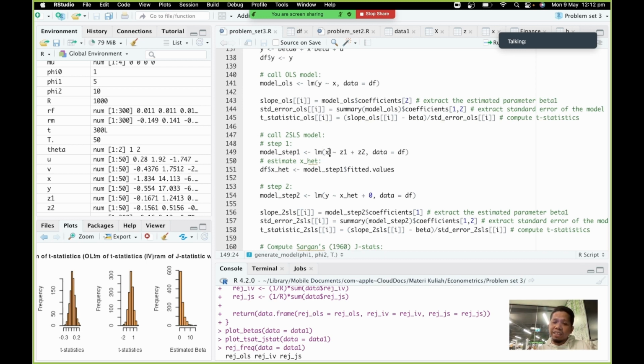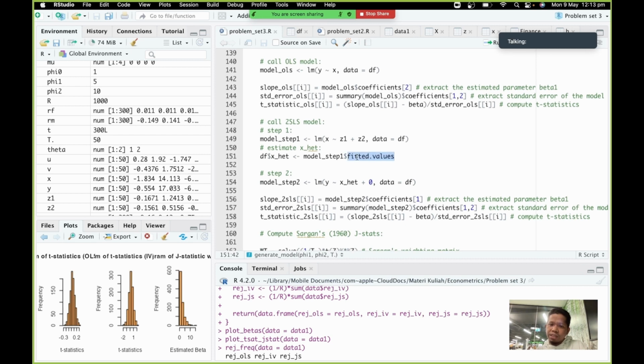So we regress x on z1 and z2, and then we take the estimated value of x, which I put here as x underscore hat, just to differentiate it from the previous x. So again, I take the value of x hat and put it into the data frame that we defined before in order to be called in the next model.